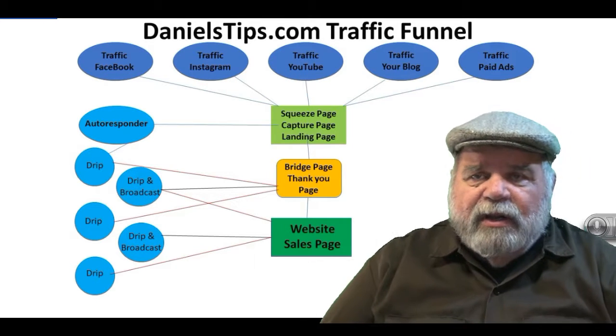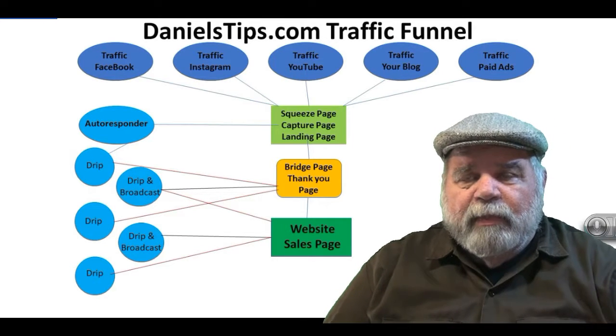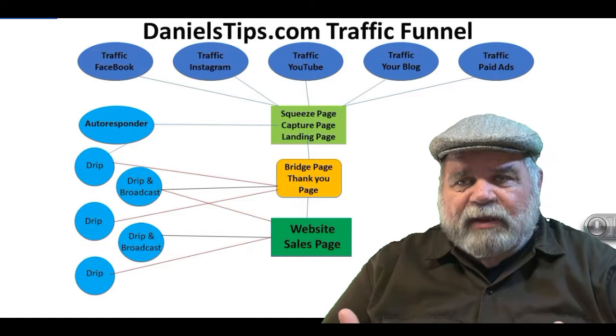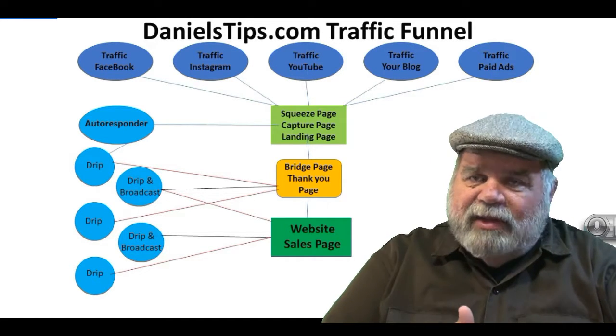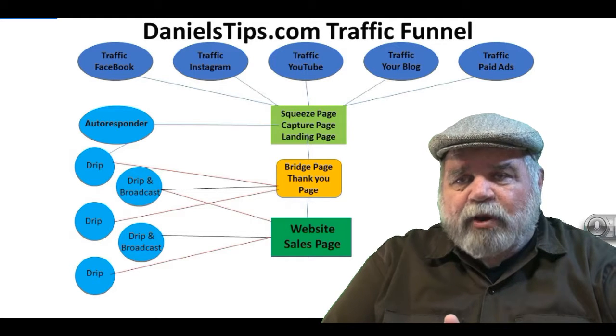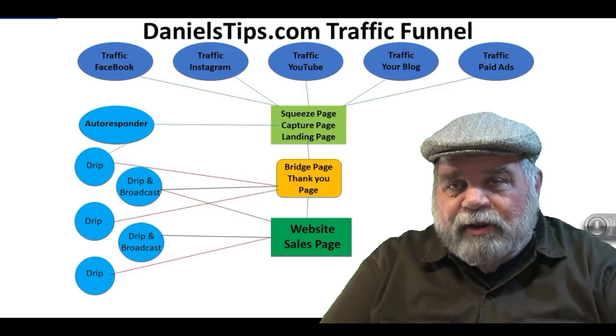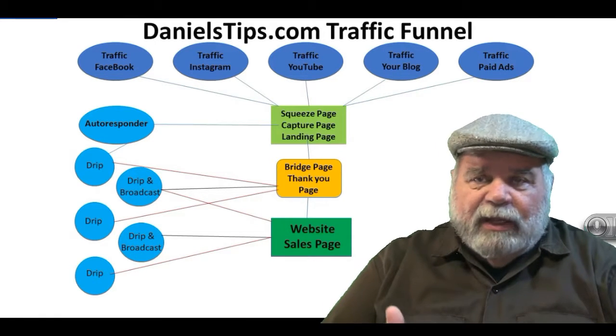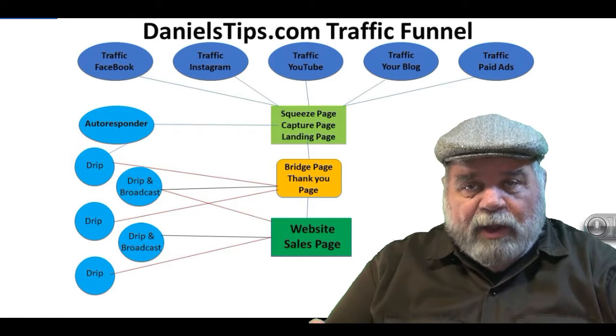drop them into your autoresponder system, and then again, if you have a decent program, they'll have a built-in autoresponder. Probably not as robust as you want, but it'll get you started. And then once you start bringing in some dough, you can upgrade to something like Aweber or another autoresponder.